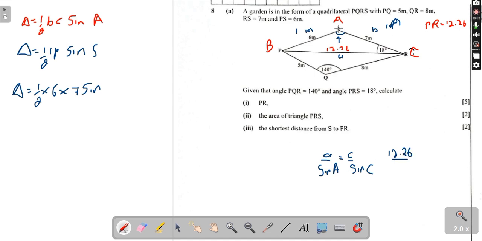Sine S is what we are finding, is equal to C, the side, which is 6, over sine C, that is sine 18.